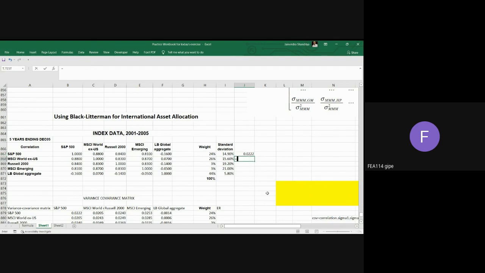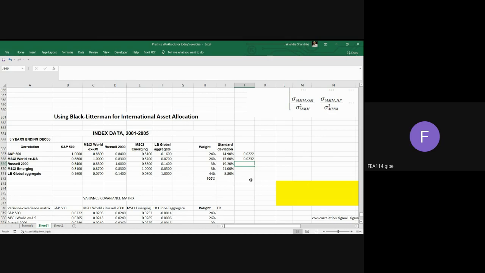However, if I multiply this and this, sorry, the first one, I get the covariance of MSCI and S&P 500. Like this, I can go on and on, and I will have the individual ones. But as you know, variance covariance matrices are symmetric, because matrix ji equals matrix ij, as they are positioned like that.